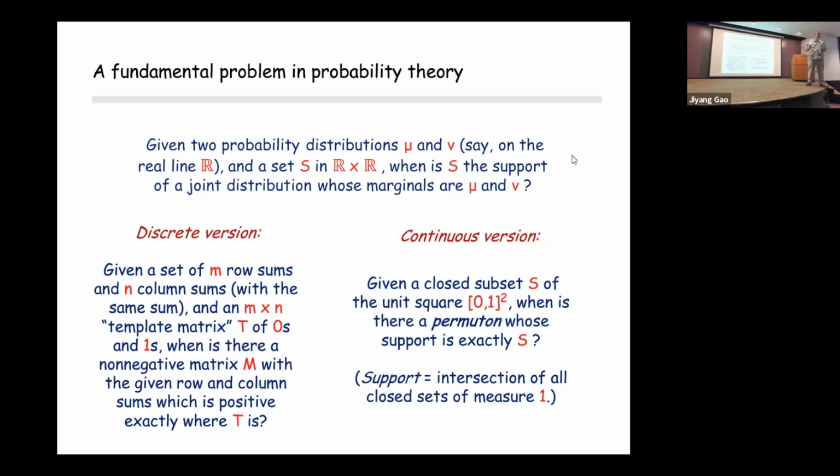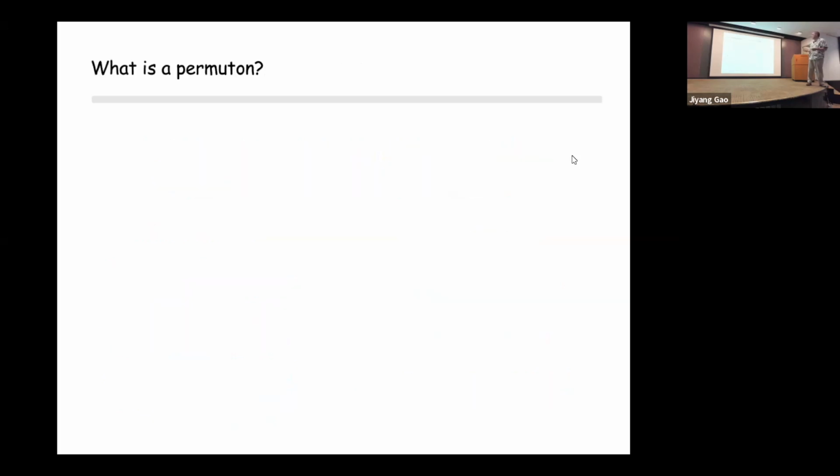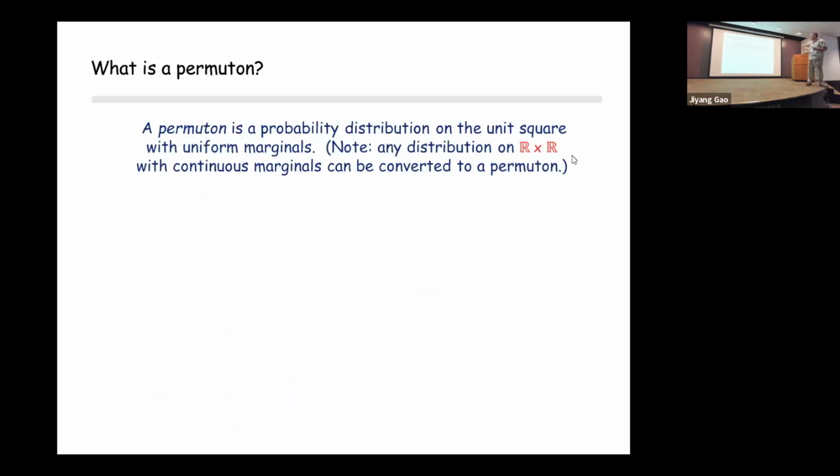Right, let's take a look at a little bit more. Okay, so first of all, what is a permuton again? It's a probability distribution on the unit square with uniform marginals.